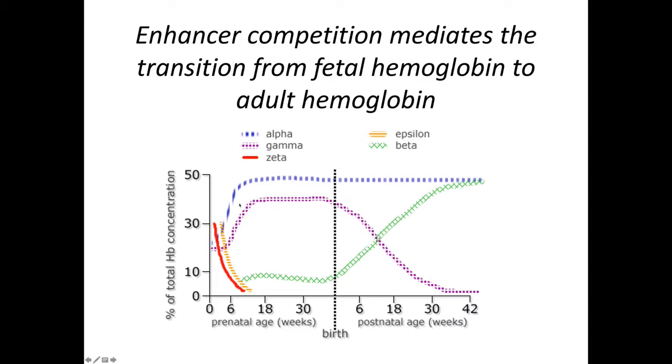And if you go back even further, right around the time of conception, there are other types of hemoglobins that are also expressed. But the key thing here is there's a switch that happens from alpha and gamma to alpha and beta. And the way that this works is, in fact, through this mode of what is called enhancer competition. And so there are different enhancers in the hemoglobin locus that mediate this transition.